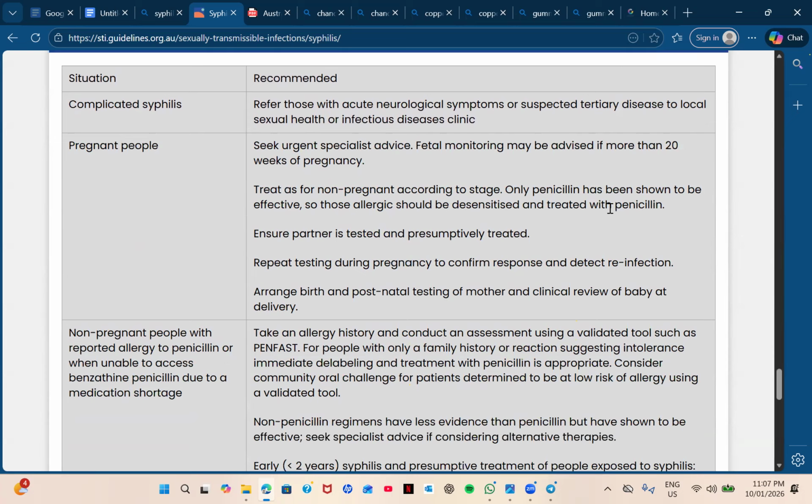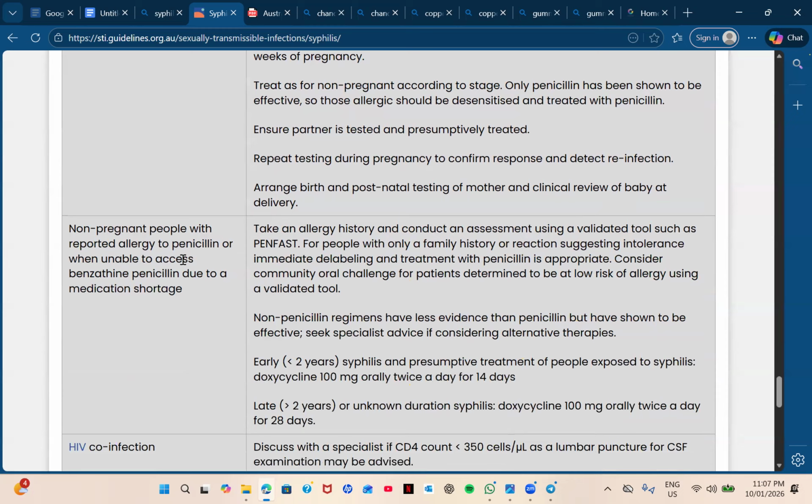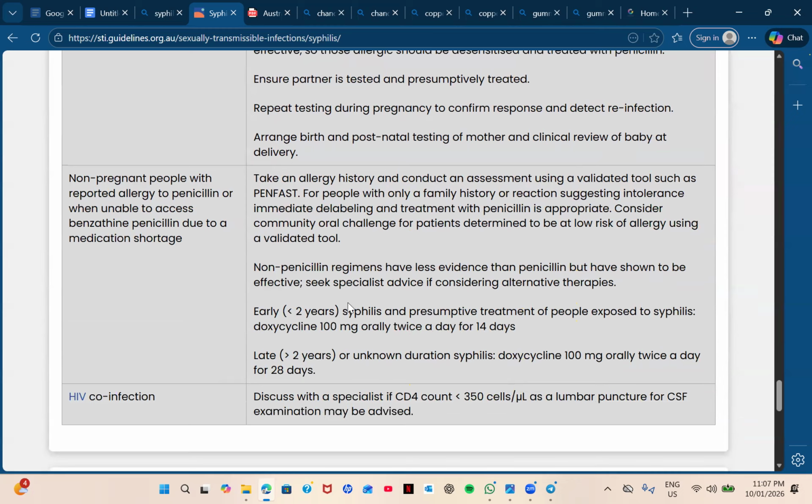Only penicillin has been shown to be effective, so those who are allergic should be desensitized and treated with penicillin. And for non-pregnant people with reported allergy to penicillin, non-penicillin regimens have less evidence than penicillin, but are shown to be effective.